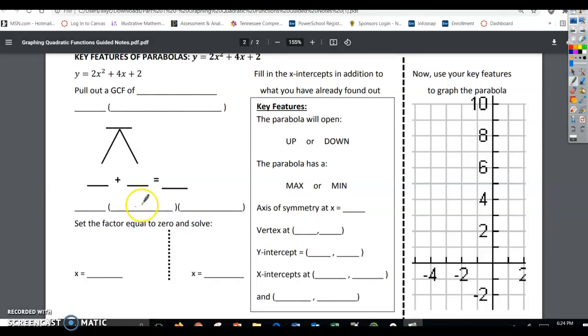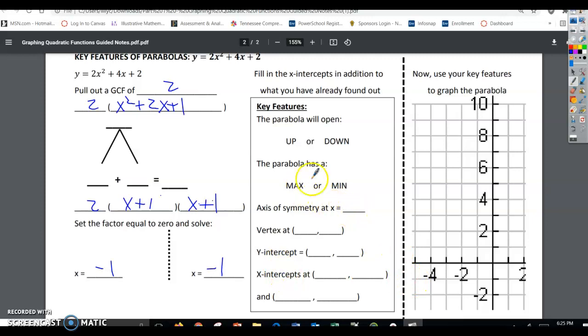With your x's, this was 2, this was x squared plus 2x plus 1, and this was 2 times x plus 1, and this was x plus 1. So if you set the factors equal to 0 and solve, you subtract 1 and subtract 1. So our x's are -1.